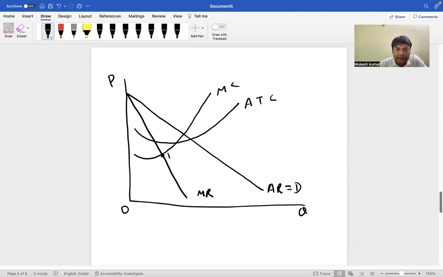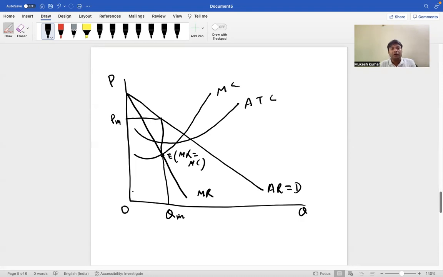This is the point E, where marginal revenue becomes equal to marginal cost. So the monopolist would produce and sell this many units of output. Suppose OQM is the monopolist's output, and the price charged will be on the demand curve faced by the seller, which is the demand curve for the buyers, and the price charged by the monopolist per unit is this much.